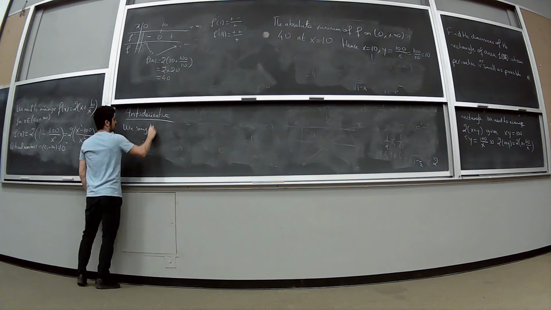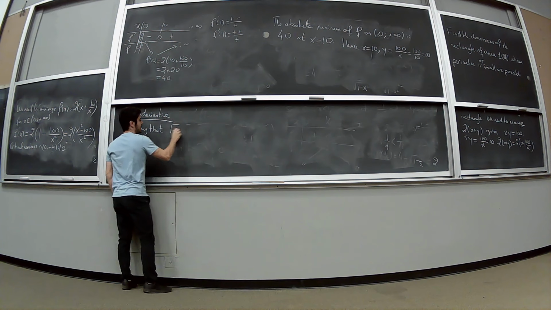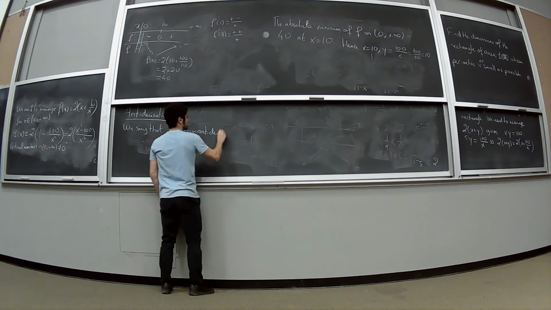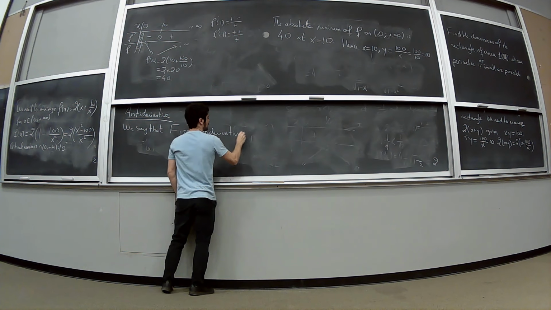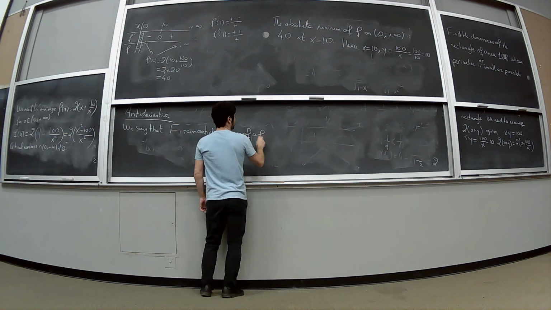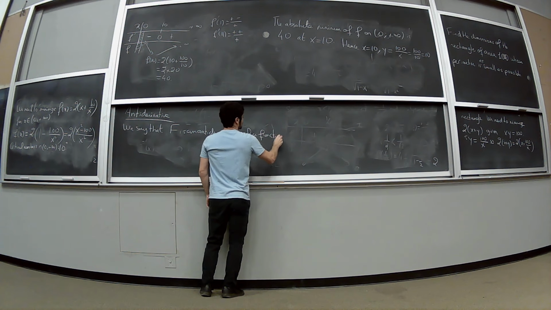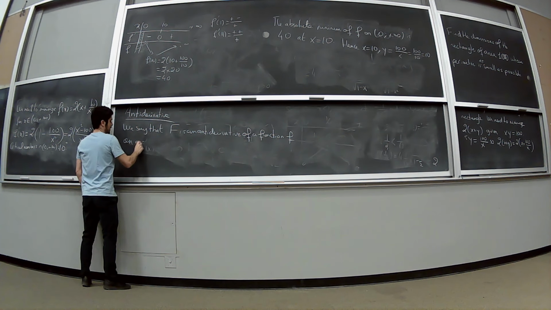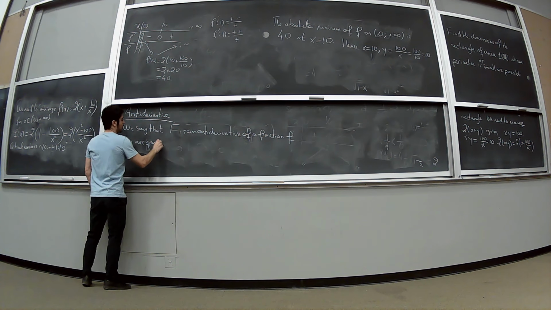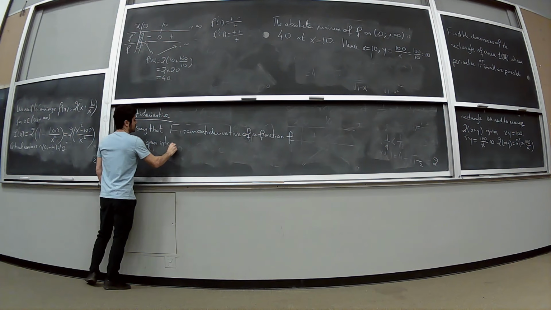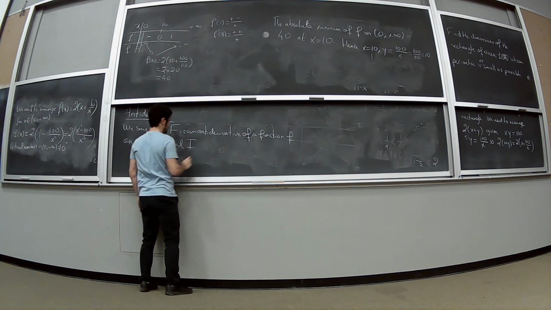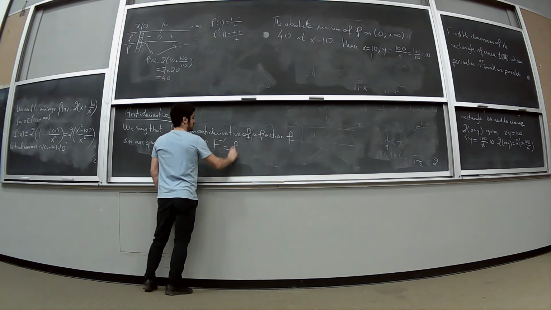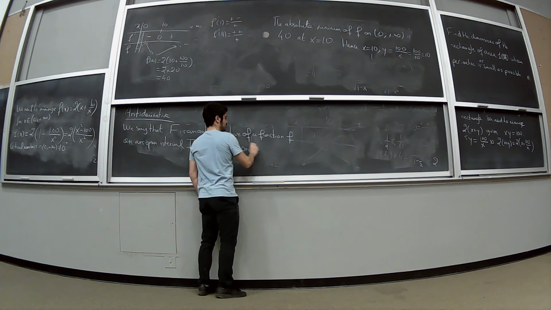We say that F is an antiderivative of a function f on an open interval I if F prime is equal to f on I.